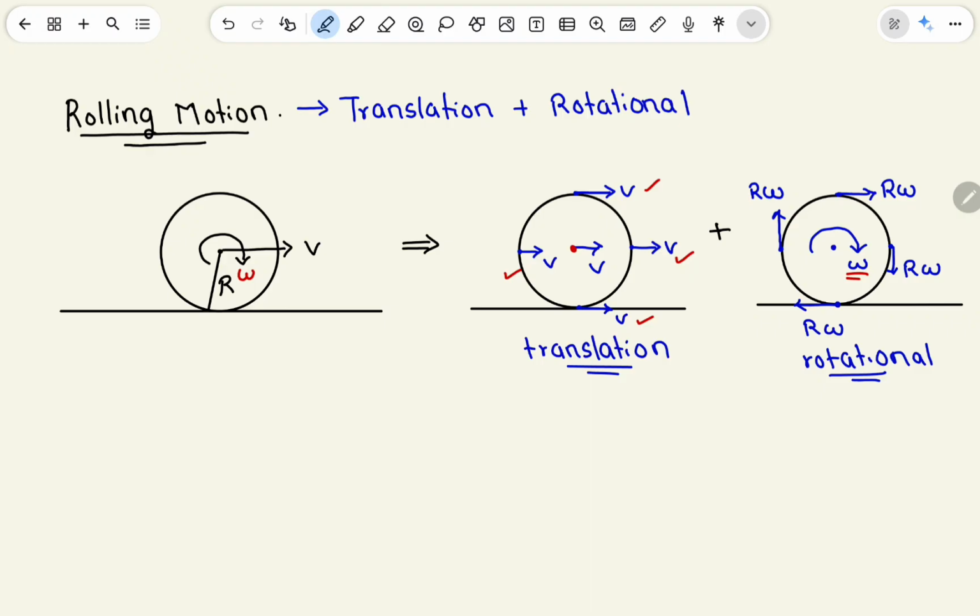Because of this rotation, every point on the body also gains a linear velocity, which is r omega, whose direction is as shown in the figure. So, every point on the body which is performing rolling motion gets two velocities, one due to translation and another due to rotation.